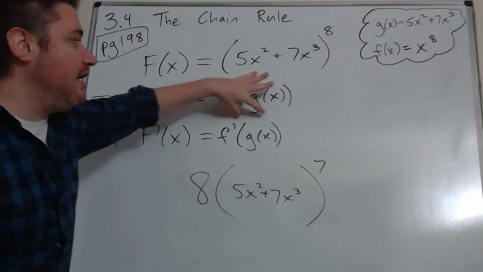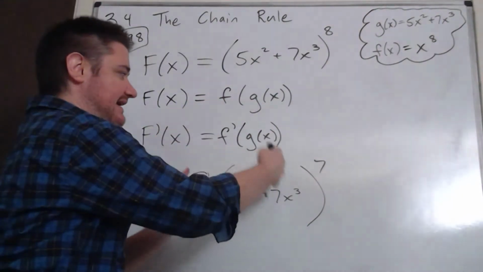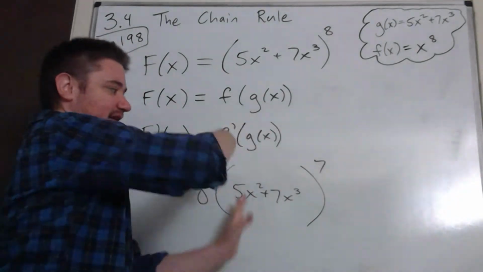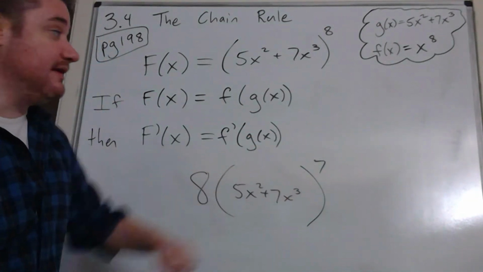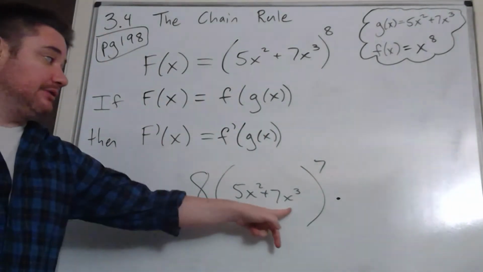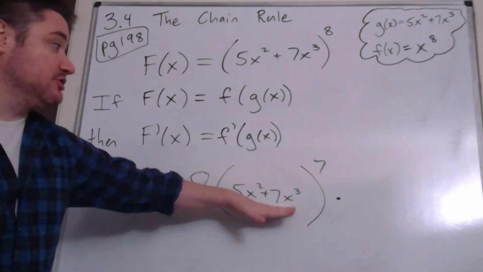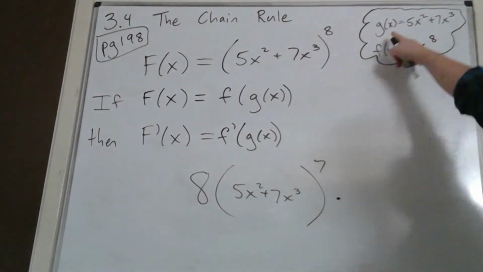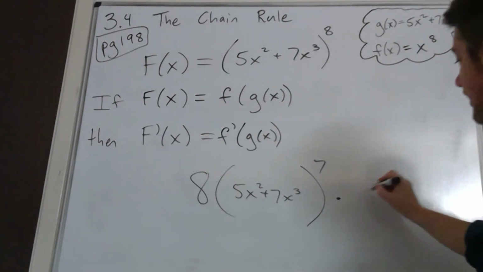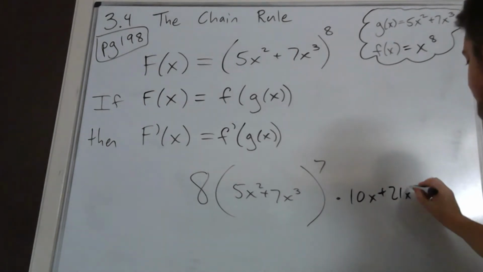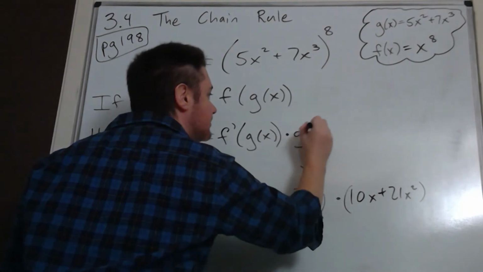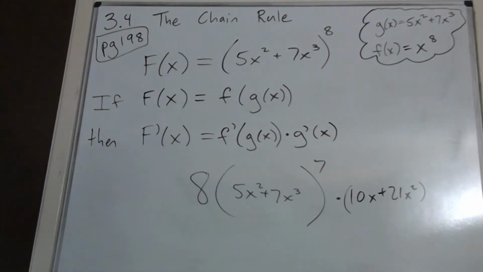So this f prime of g of x looks messy, but really what it's saying is leave the inside alone and take the outside derivative, pretend that's one solid object, and take the outside derivative with respect to that object right there. And then what did we do though? We multiplied by u prime, the derivative of that. Using this notation now, we've called that thing g. So what we would multiply by is the derivative of that thing, g prime of x.